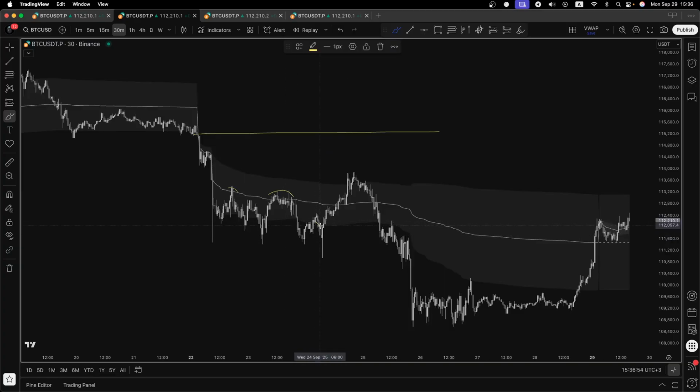Now, acceptance above here was a move towards these highs and monthly and weekly value high. Rejection into weekly value high was what led to another leg lower, and the moment that we spent time below developing value area low was the trigger to go even lower, right, and short.